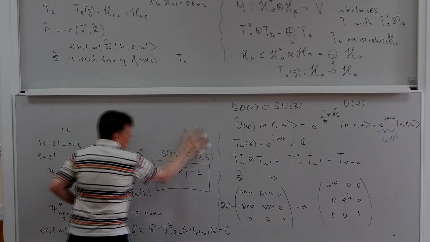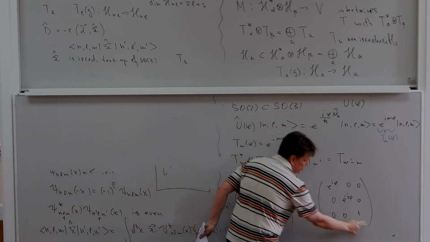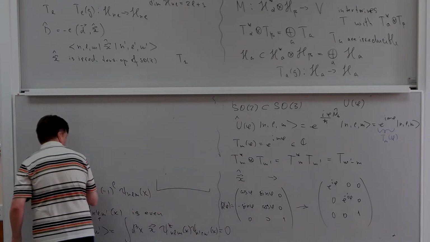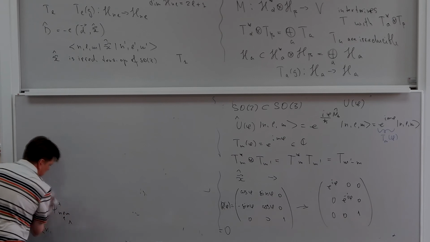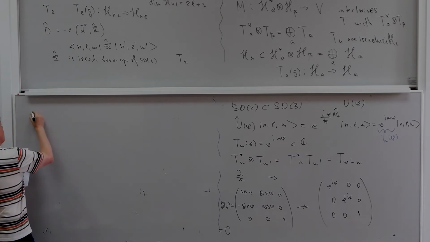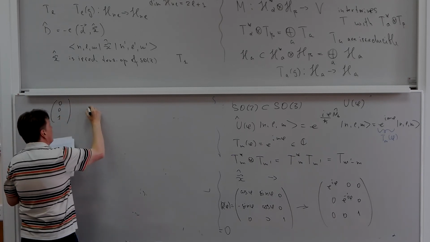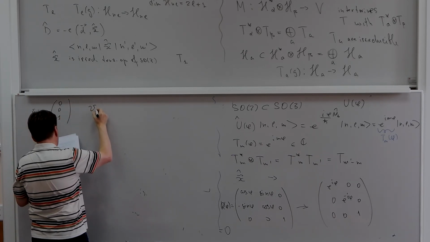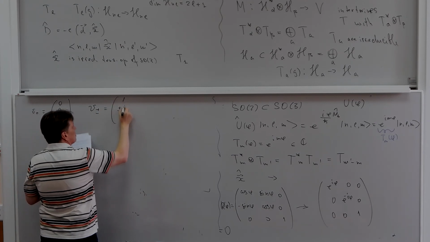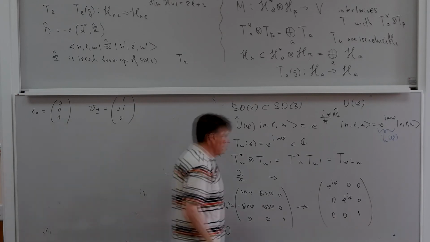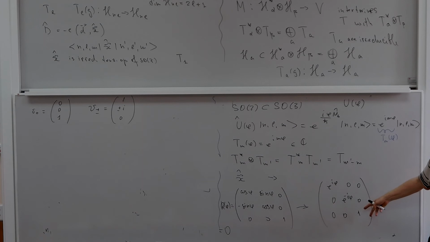Let me denote the corresponding eigenvectors of this matrix by v_0, which is just (0, 0, 1), and v_±1. These are the eigenvectors of this diagonalized matrix.